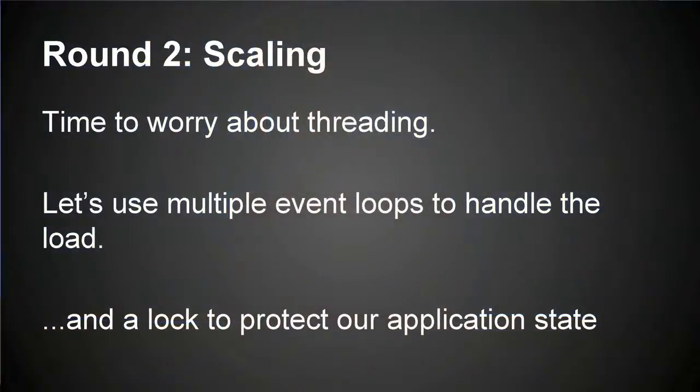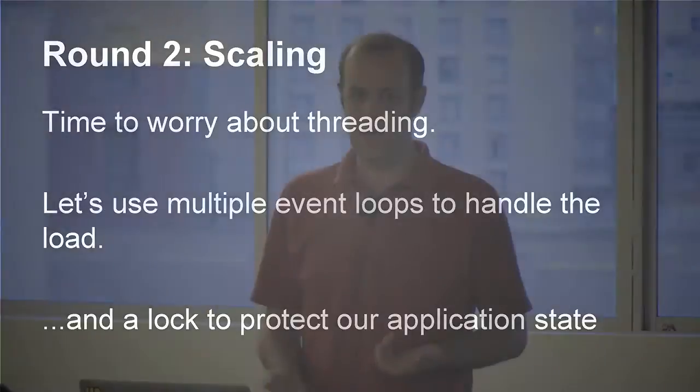And remembering our definition of an application is that single-threaded state machine, this is going to translate to us having to serialize access to that little piece of state, which means we're going to need some locks, at least to start with here, because now we've got multiple event loops all trying to get that state and update a counter, or update it and update a counter at the same time, and we need to manage that.